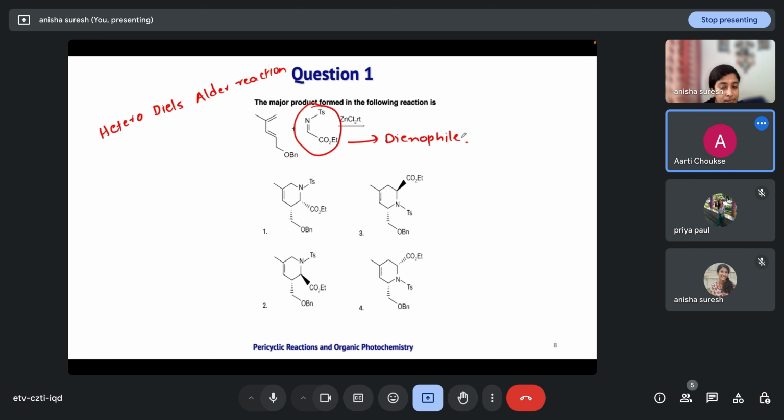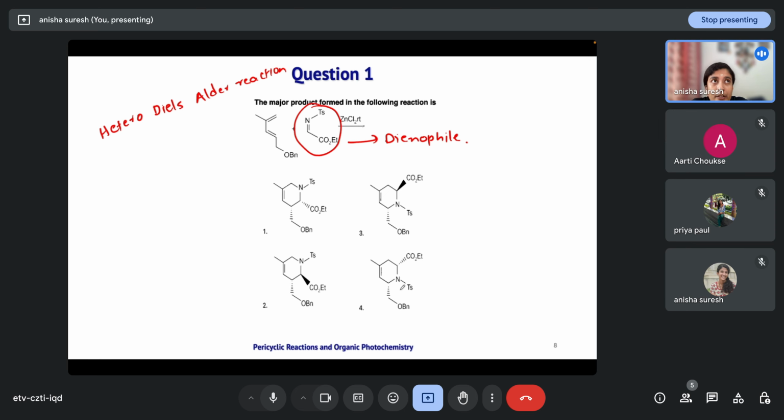That's why. Then why not 4? The position will change. The position of the groups will change in the fourth option.